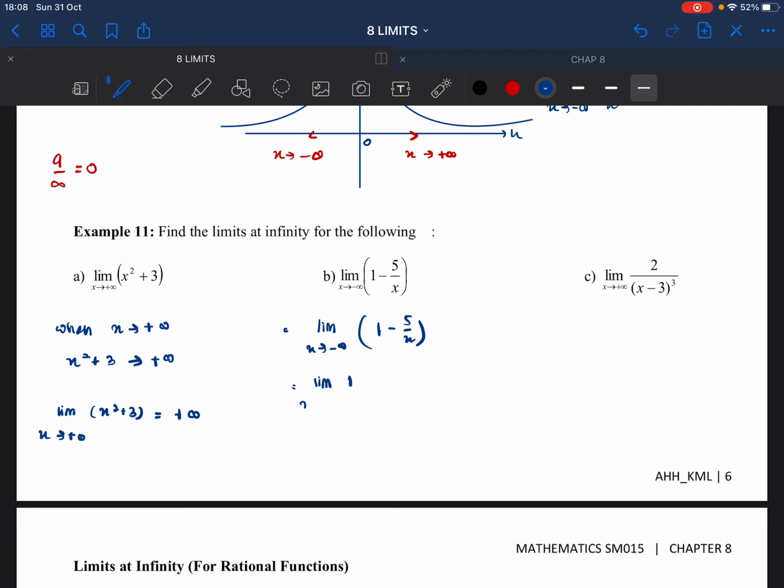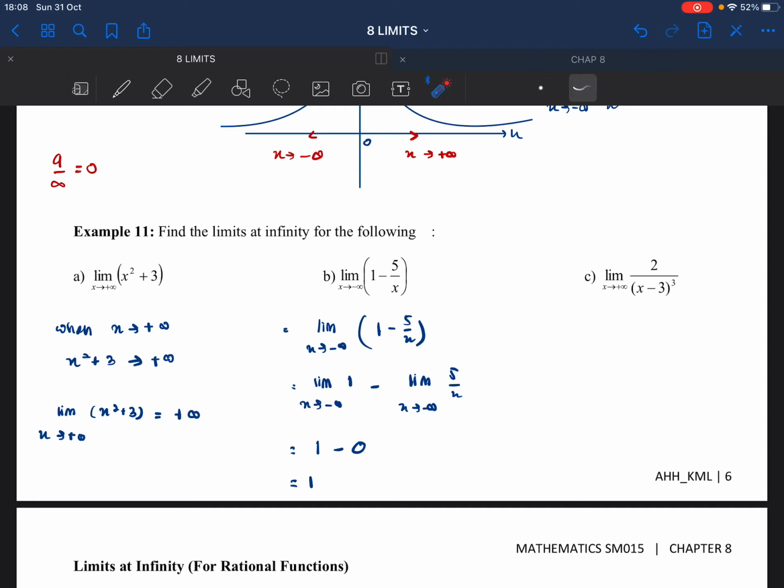We have limit of 1 as x approaches negative infinity minus limit of 5 over x as x approaches negative infinity. For the constant, there is no x value here, so it's going to be 1. Here you have 5 over infinity, which gives 0. So the answer is equal to 1.